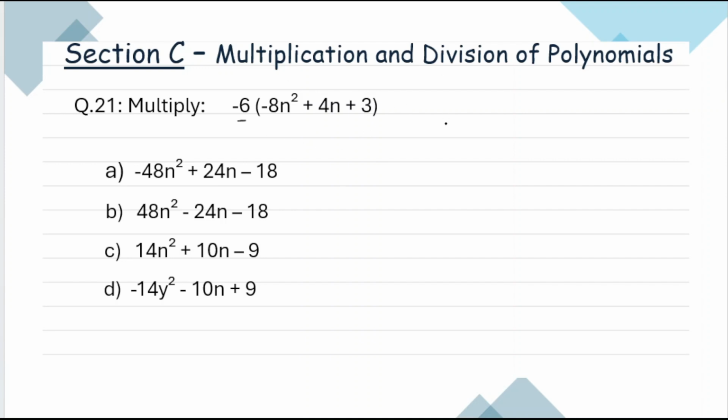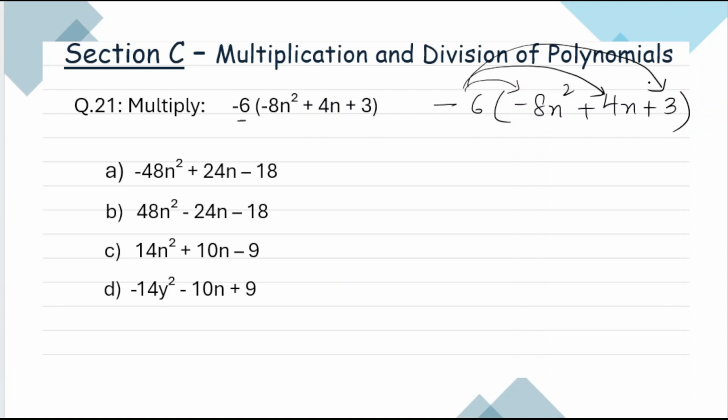So let's multiply it. So when I'm writing negative 6 times negative 8n square plus 4n plus 3, I will be using distributive property. So negative 6 will be multiplied by the first term, negative 6 is multiplied by the second term, and negative 6 will be multiplied by the third term. So negative 6 is getting distributed equally to all the terms inside the bracket.